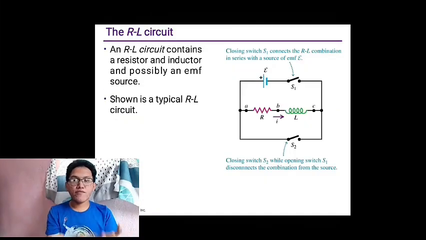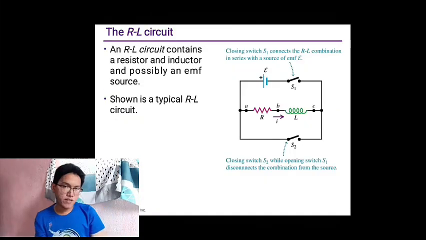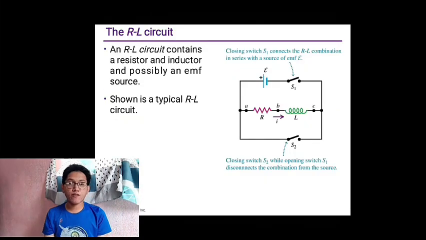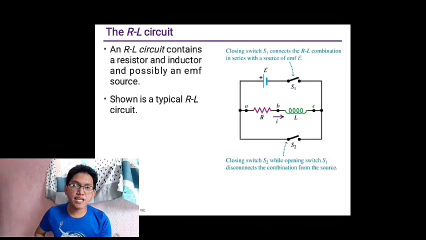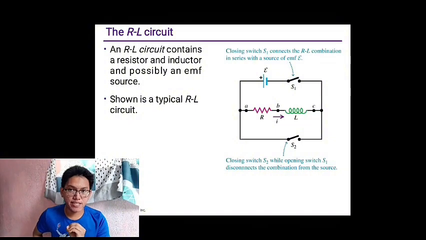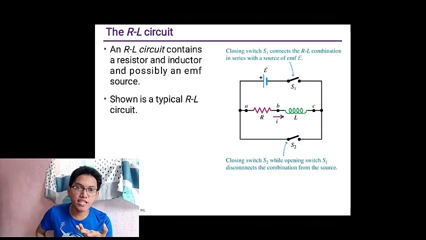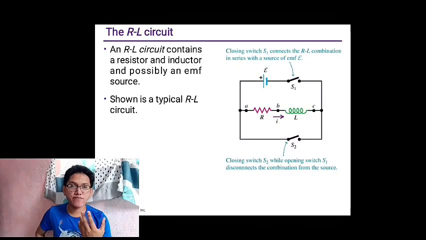So now we have here the RL circuit. It was stated there in our objectives about this. An RL circuit contains a resistor and an inductor connected in series. So how can we differentiate series from parallel?